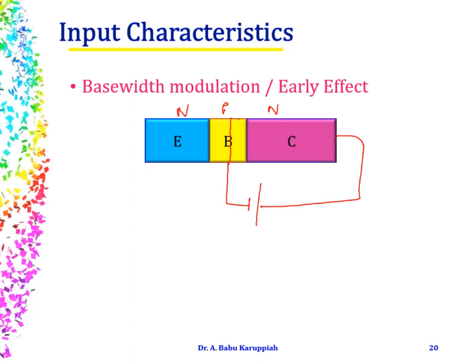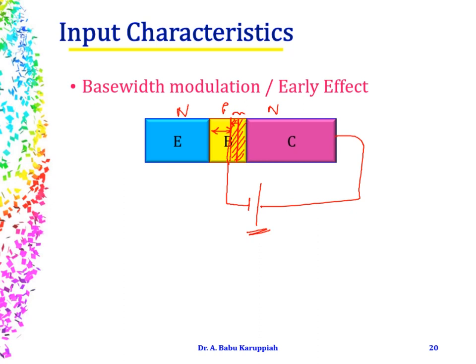If the depletion region had been here already, now with an increase in the collector base voltage, the depletion region extends deeper inside the base. Now the width of the depletion region has widened, and so the effective width of the base is lessened. This phenomenon is called base width modulation or early effect. Now, why do we call it base width modulation?